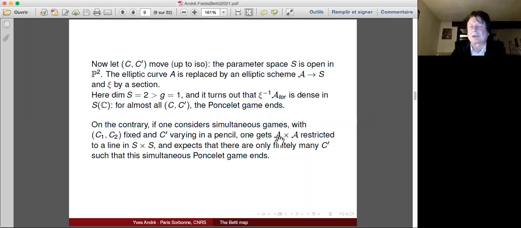Then in this case, the abelian variety, the elliptic curve, becomes an abelian surface A cross A, and the parameter space is restricted to a line in S cross S. And so, for dimension reasons, one expects in this case that there are only finitely many such C prime in the pencil so that the simultaneous Poncelet game ends.